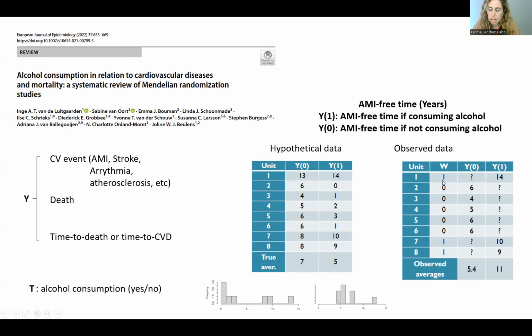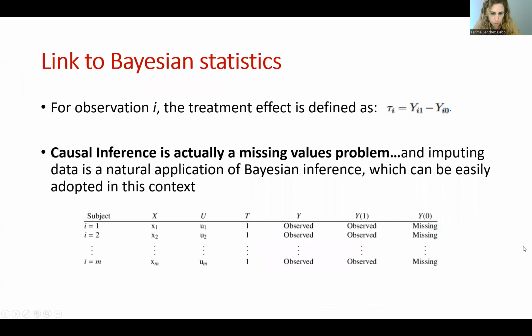If the person is taking alcohol, the value of the outcome for the situation in which they would not be taking alcohol is unknown. Still, we can calculate the average of both, the estimation of both random variables, taking into account the missing values, and we get two different numbers.